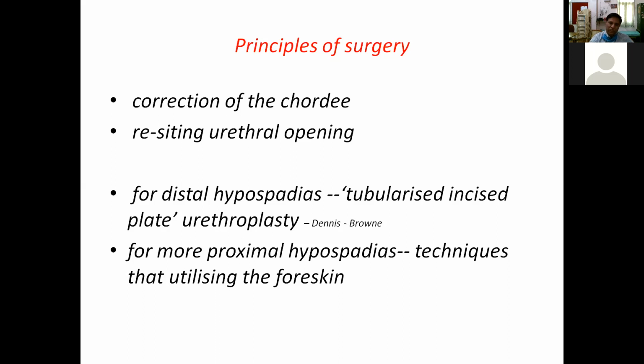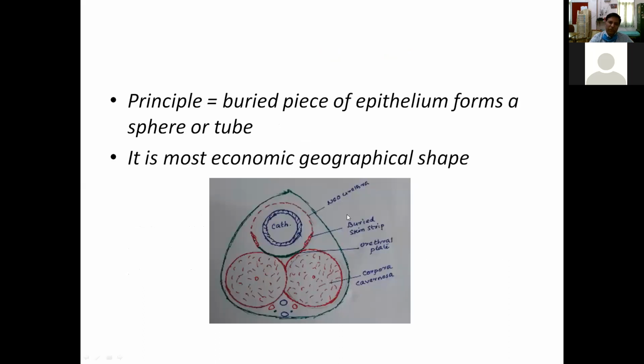To understand this, you must see this picture. So these are the corpora cavernosa. The penis has been kept onto the abdomen. These are the dorsal arteries, nerves, veins, etc. And here, this is the open part of the urethra. The missing part of the urethra is open and is a plate.